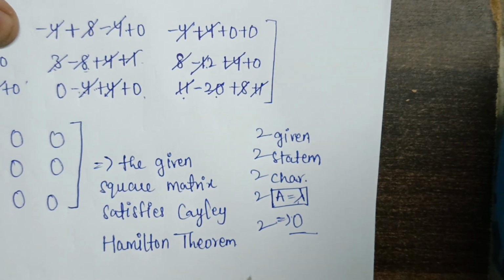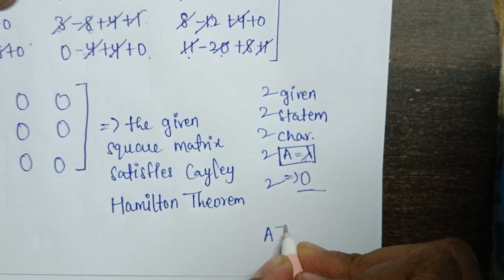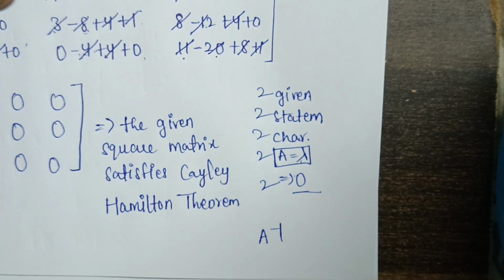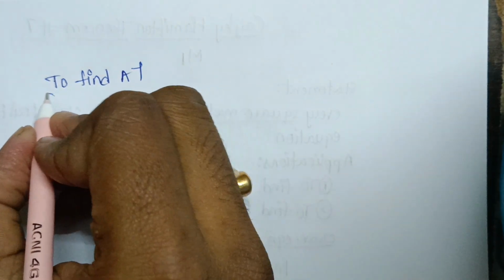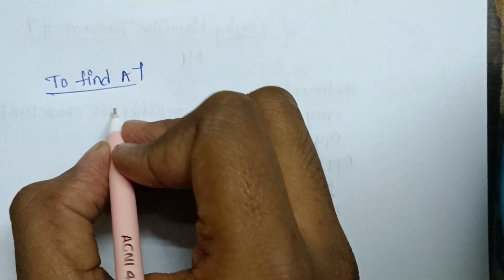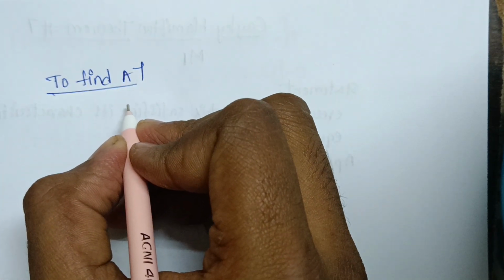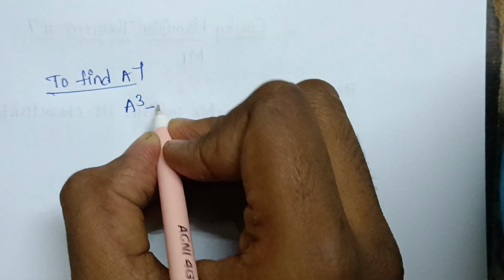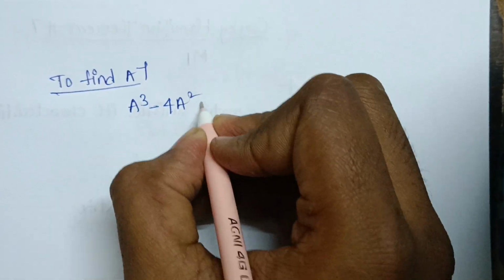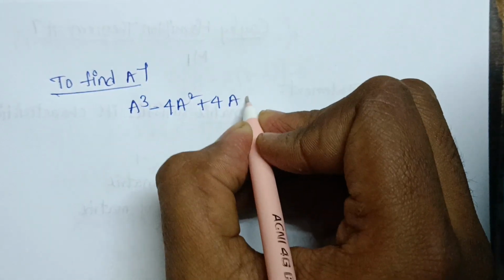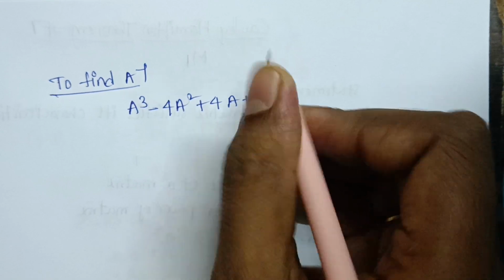And in this same question, we should now find the A inverse. Okay. Now we should find the A inverse. To find the A inverse, we should now write the characteristic equation: A cube minus 4A square plus 4A plus I is equal to 0.